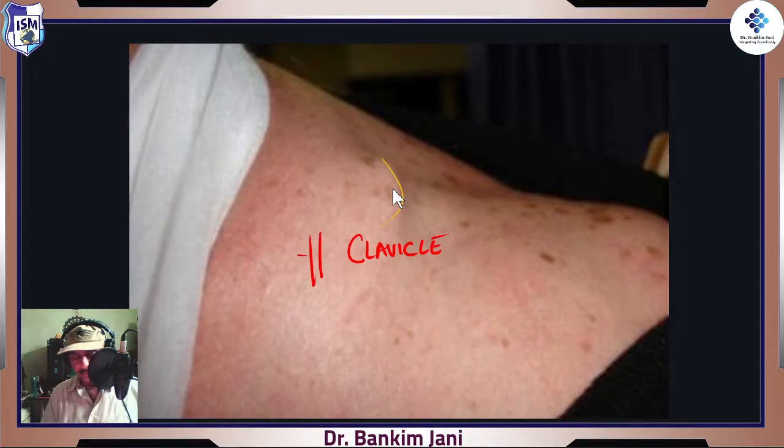This is the fracture of the clavicle, because the skin is not broken. So it is not an open fracture, it is a closed fracture. Or you can say fracture of the shaft of the clavicle. Shaft means the entire body, shaft or body of the clavicle.